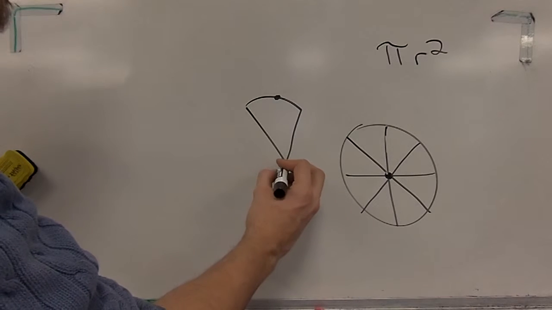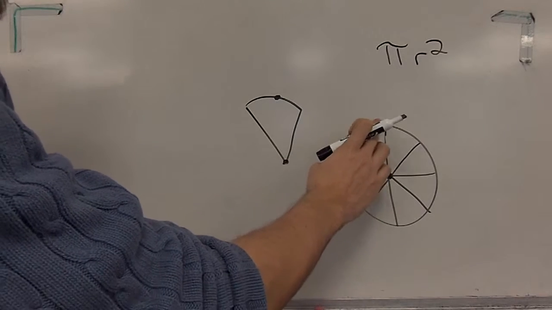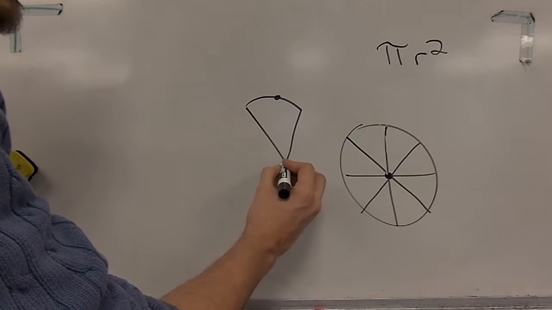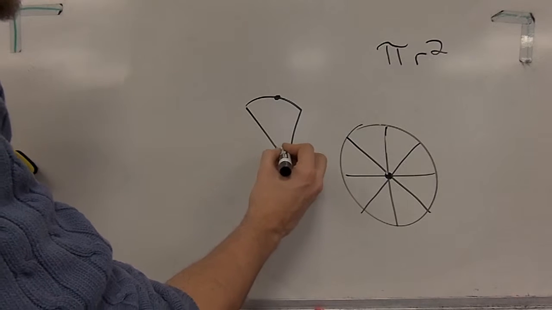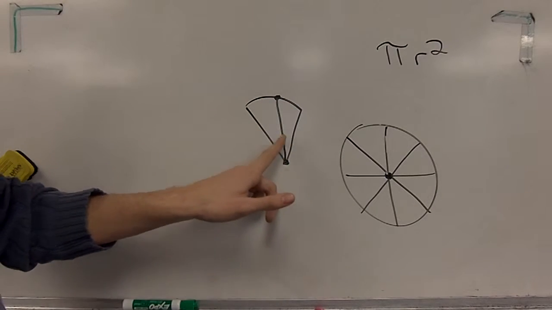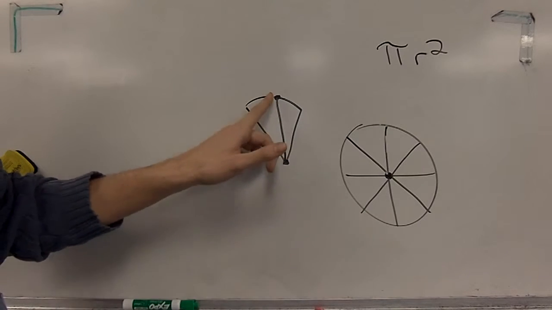So this is technically where the center of the circle was. And their curved edges are the outside edge of the circle. So if I draw a line from its pointy end to the curved end, then technically what I am doing is drawing a radius of the circle.